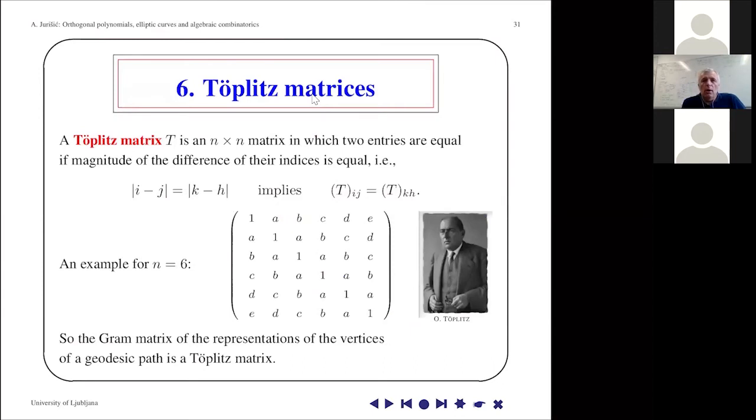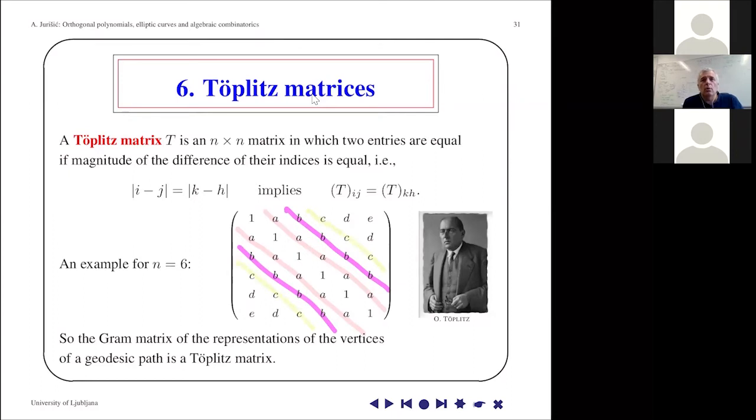Okay, so Toeplitz matrices. I promised that I'll factor the determinant of this Toeplitz matrix. Now, a Toeplitz matrix has this property that these entries are constant, and so on.